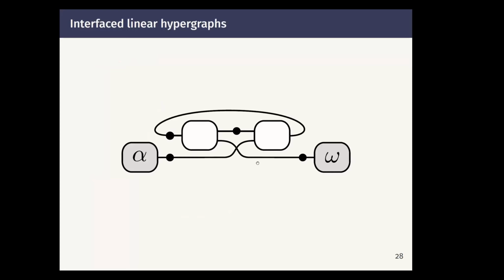And so they look very similar to our original hypergraphs, except now we've got two sort of additions. So most notably, you can see we have these two edges. There's alpha for inputs and omega for outputs. And these act as if they were normal edges. They have an order, and we can order our interfaces however we want.